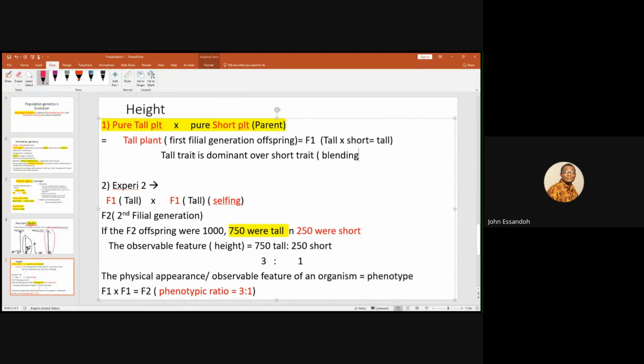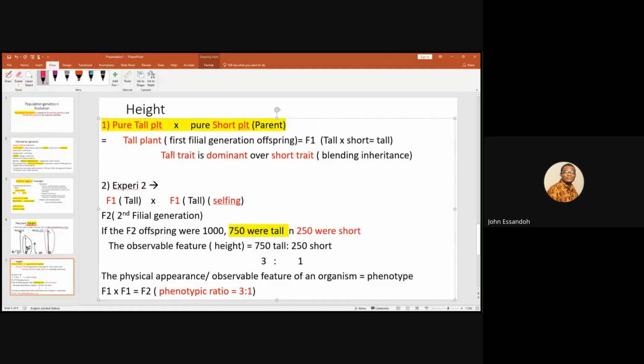This first experiment is saying that the tall trait is dominant over the short trait. So this first part of the experiment is a deadly blow to the blending inheritance that we know. Inheritance doesn't work like that.